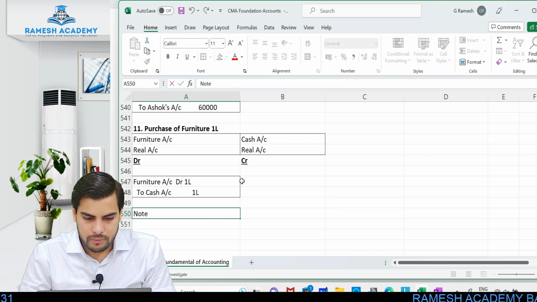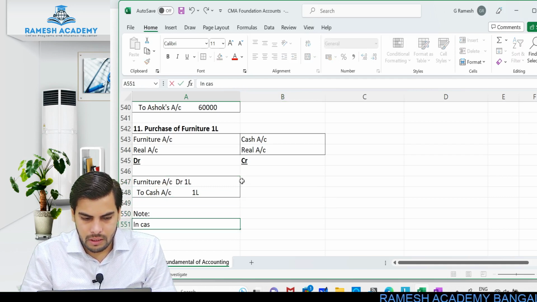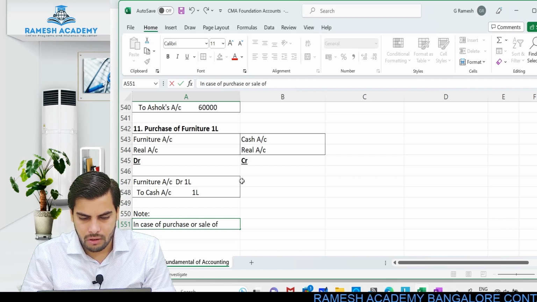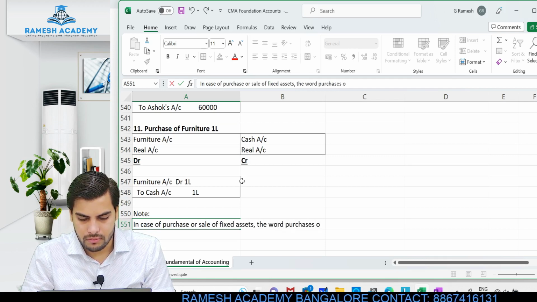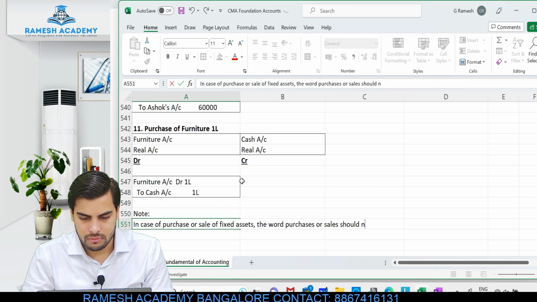So note, in case of purchase or sale of fixed asset, the word purchases or sales should not be used.